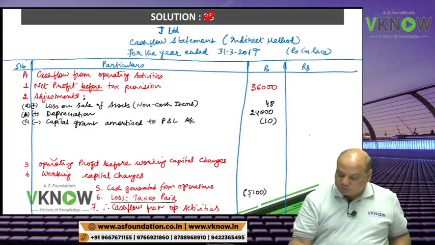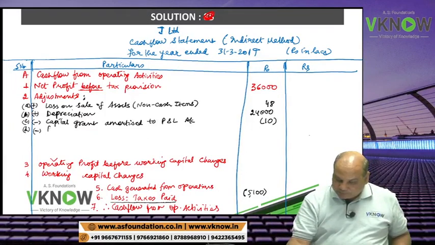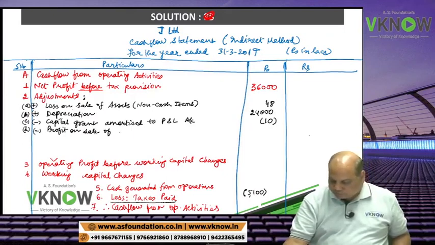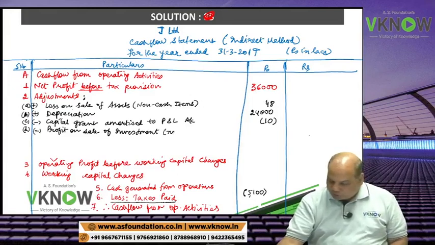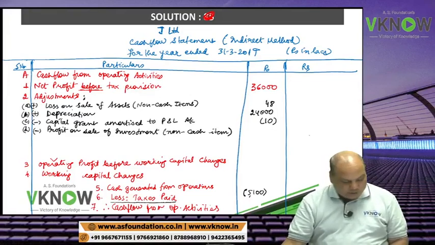So we are going to write in adjustment point number A2 under that D less profit on sale of investment. Profit is credited to P&L account. If a non-cash item is credited to P&L account, I will deduct it.